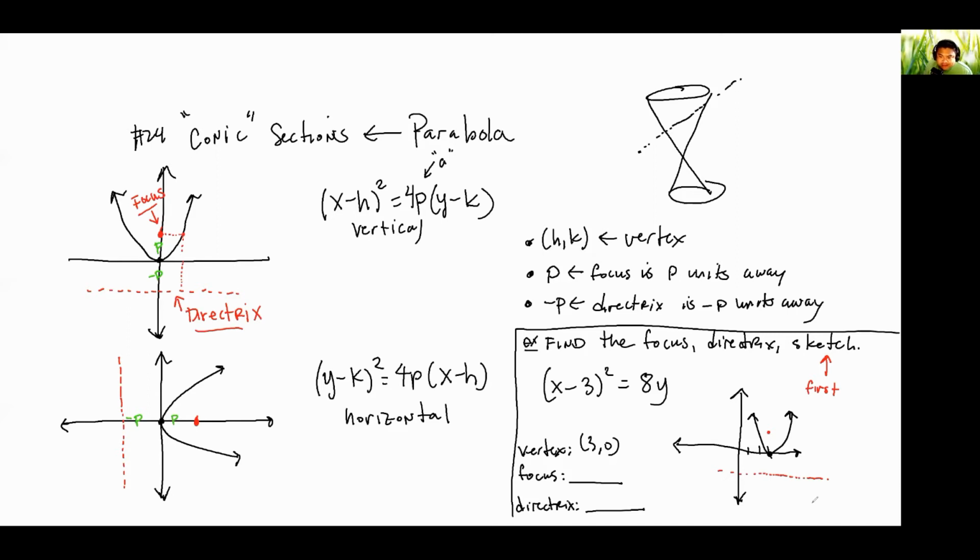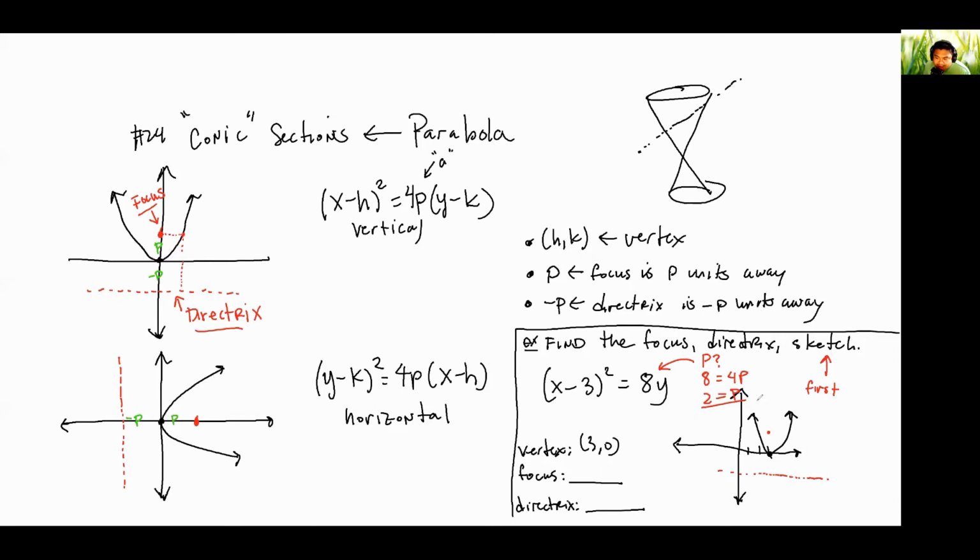Well, to find this, I need to know what's P? It's 2. Taking 8 and making it equal to 4P, I get P is equal to 2.